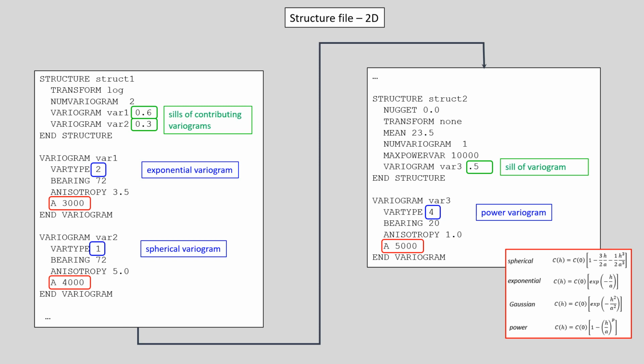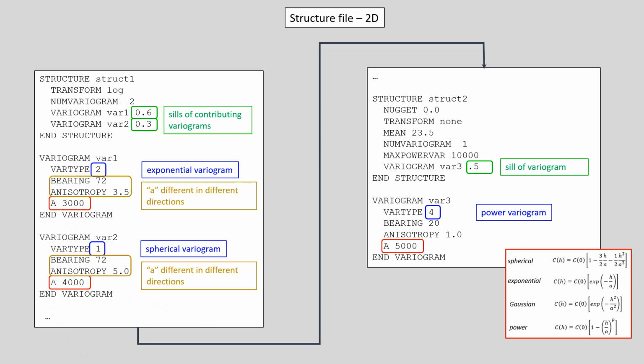The A value of the variogram, which features in these equations that we saw earlier, which describes decay of covariance with distance, is provided through the A keyword. Anisotropy is allowed, so the correlation length can be different in different directions. If that's the case, the bearing of the major axis of anisotropy must be supplied together with the anisotropy ratio itself.